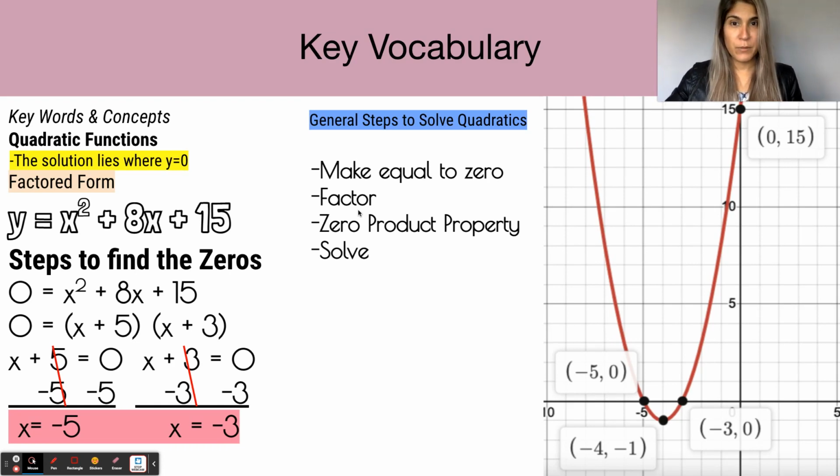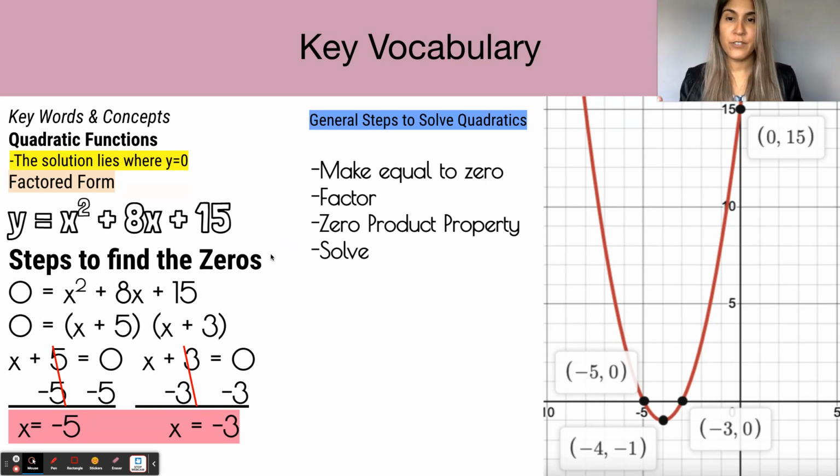Make equal to 0, factor, zero product property, which they should already understand, and solve. So instead of introducing all the vocabulary all at once, we're introducing it little by little with things that they already can make that connection to. So why would this be beneficial?